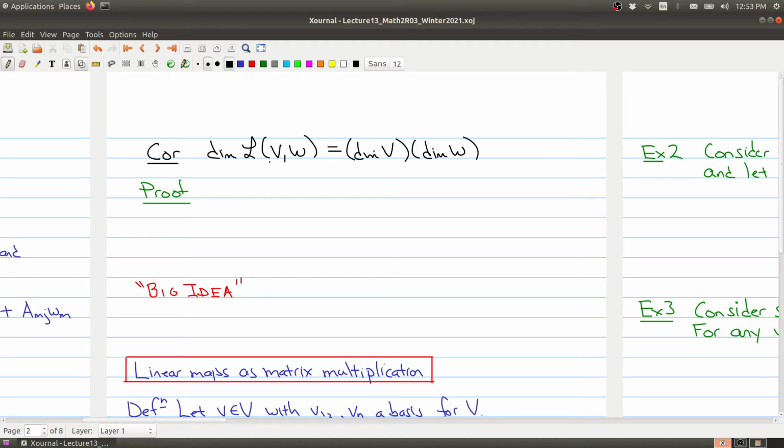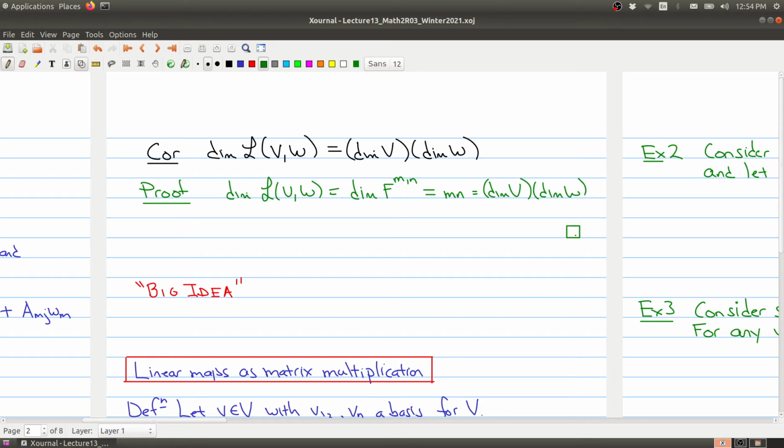Well, it's because this space is isomorphic to the space of m by n matrices. So the dimension of L(V,W) has to be the same as the dimension of the set of m by n matrices, because these two spaces are isomorphic. We know how big this space is, m times n, and that's the same thing as the dimension of V times the dimension of W.